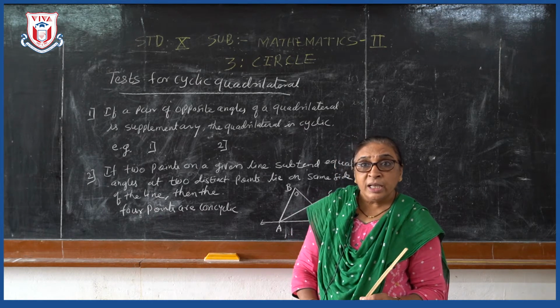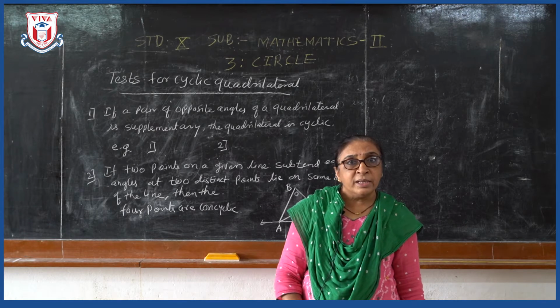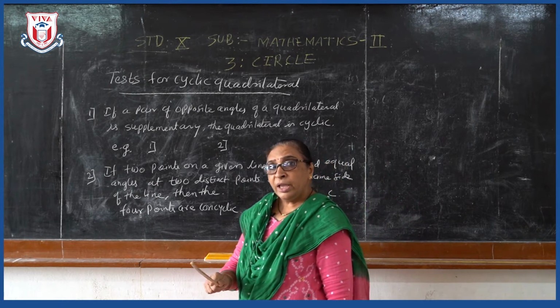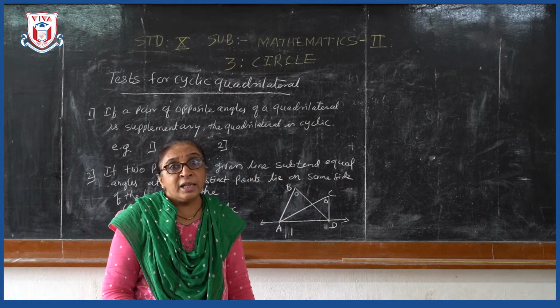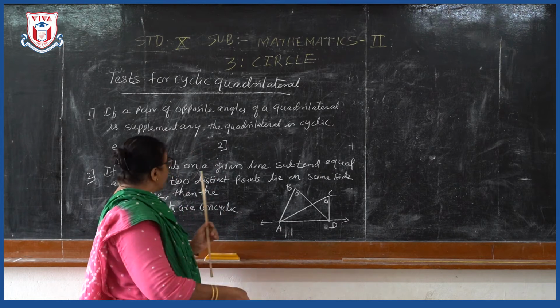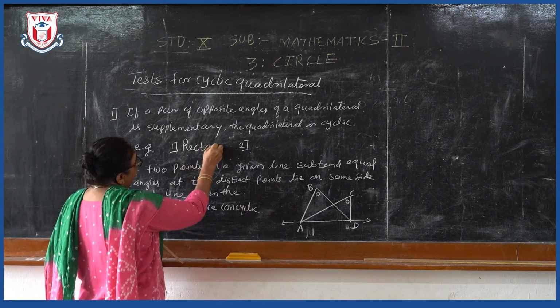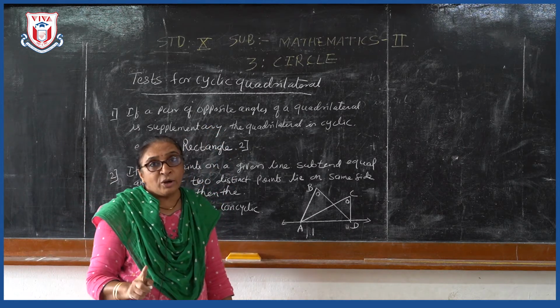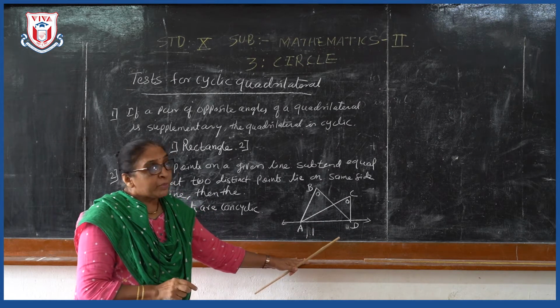That means, if you consider any pair of opposite angles, then 90 plus 90 is 180, and that is why we can say that every rectangle is cyclic also. So, in the examples we can give, every rectangle is always cyclic because its opposite angles are supplementary.